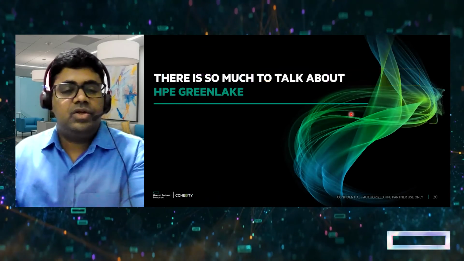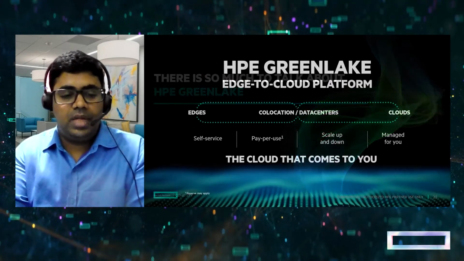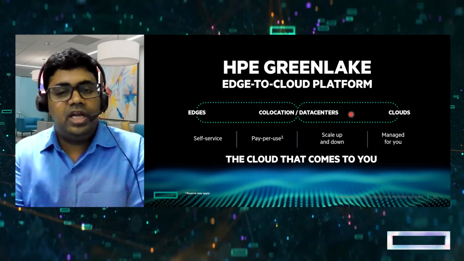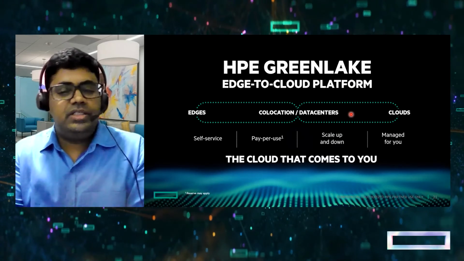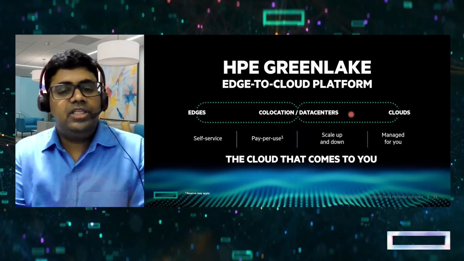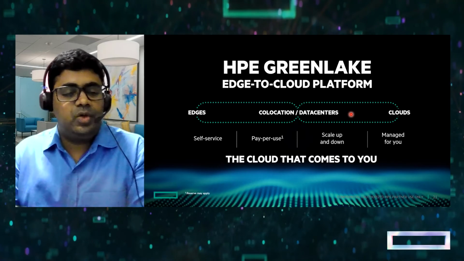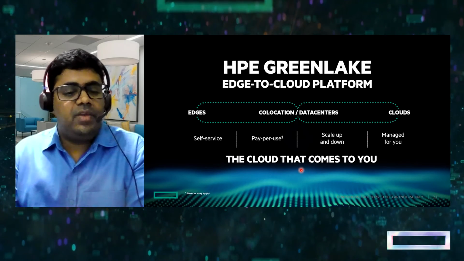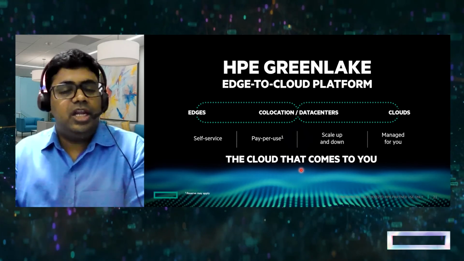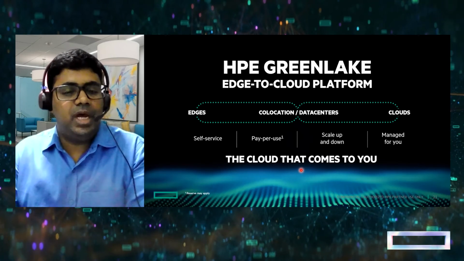Now let's talk about HPE GreenLake, there is so much to talk about. HPE GreenLake is an edge to cloud platform, covering edges, colocation data centers and also the clouds. Normally the HPE GreenLake edge to cloud platform provides a self-service portal, mainly for a pay-per-use model, and for any of the workloads we can scale up and scale down anytime, and it is also managed for you.